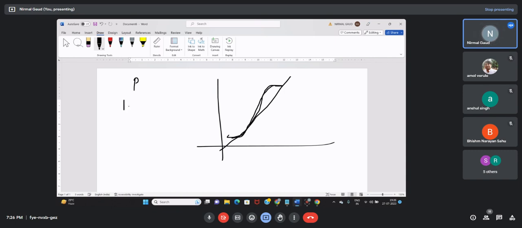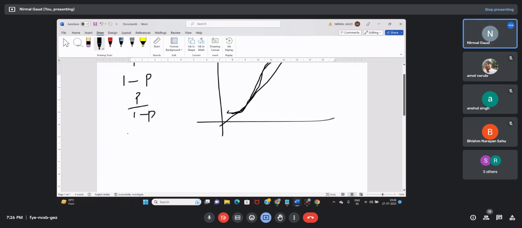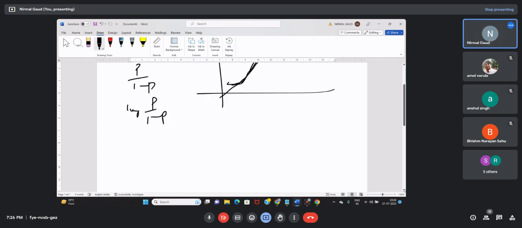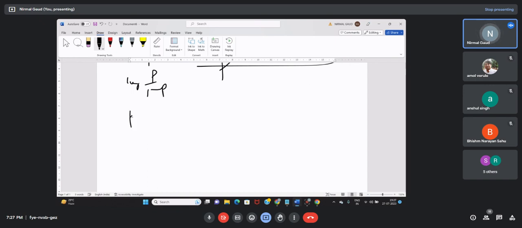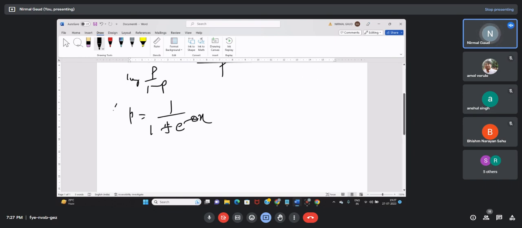We used one more thing, 1 minus p. Then we calculated odds, है ना, ratio of these two. We calculated log. We equated this thing to the line, and we got the value of p as 1 upon 1 plus e to the power minus theta x. This is what we got. Later on, after getting this thing, we have been told, sir, this is a probability. Let me call this as h(x).